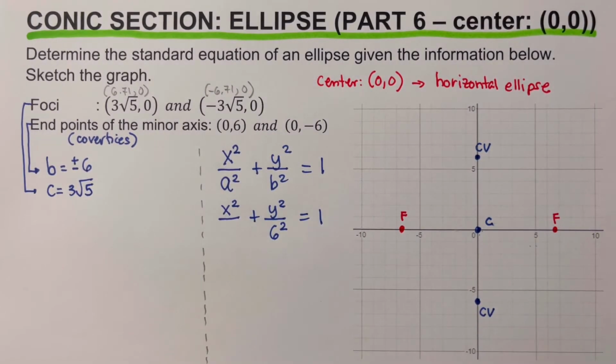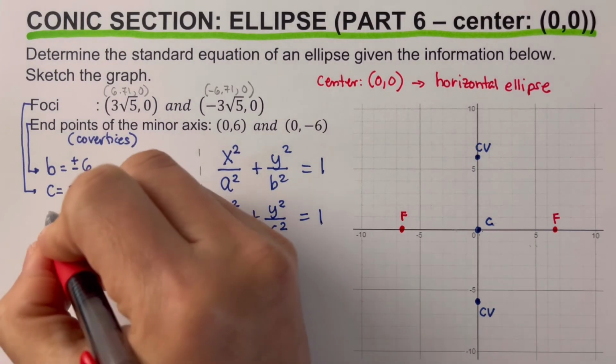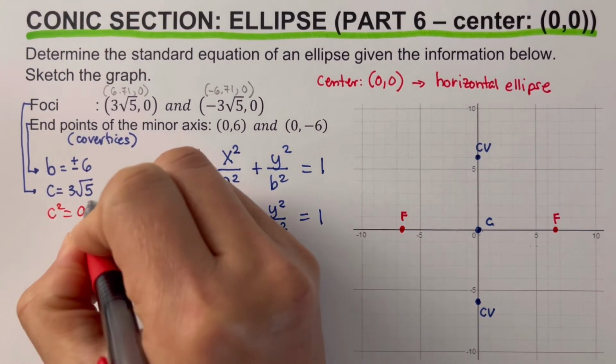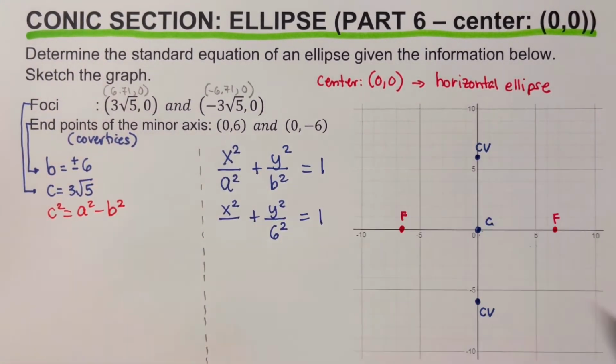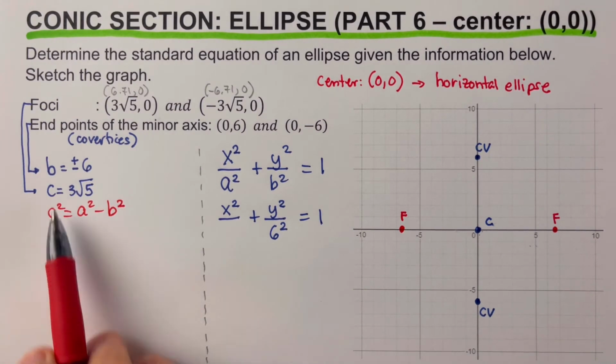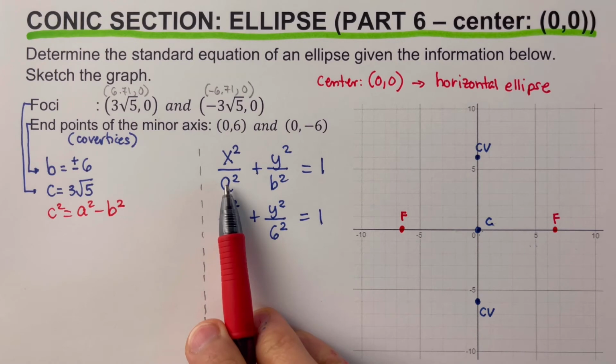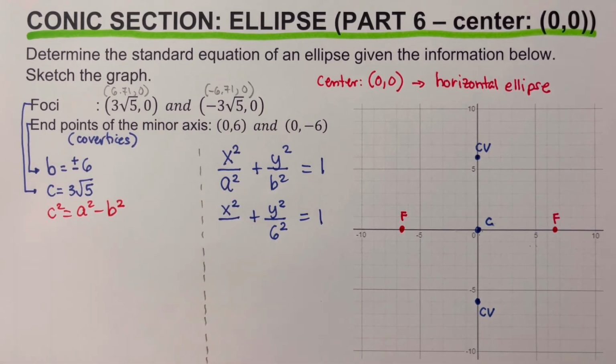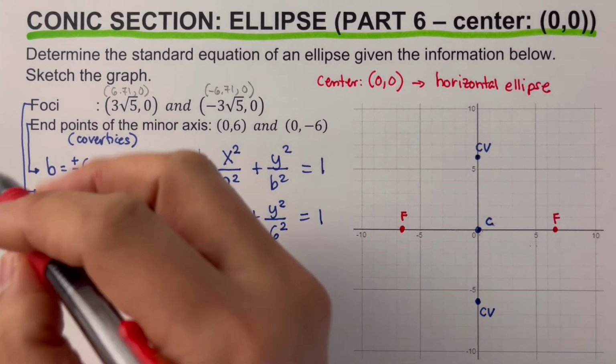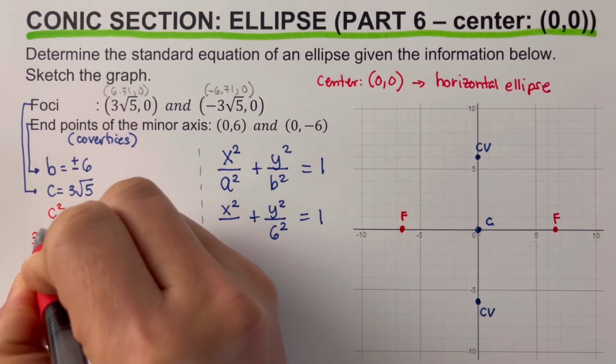So that we can use the equation c squared equals a squared minus b squared, because we cannot use this C and plug it in here. That's not how it's going to work, because we need the A. We can only get the A by using this equation right here. So we plug the values in. Our C is 3√5.